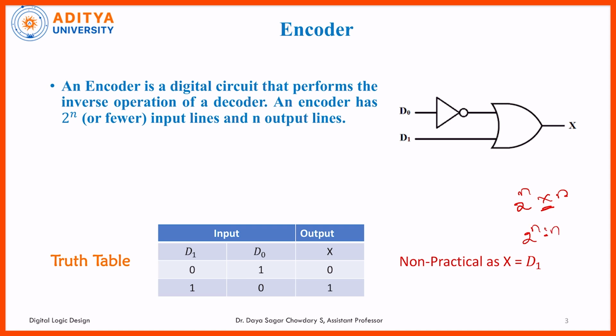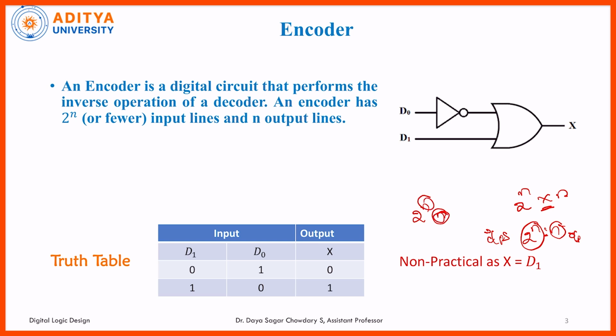Here 2 to the power of n represents the inputs and n is the output. So the number of inputs varies according to 2 to the power of n, in multiples of 2, and n is the number of outputs. Depending on this power, we get the output.